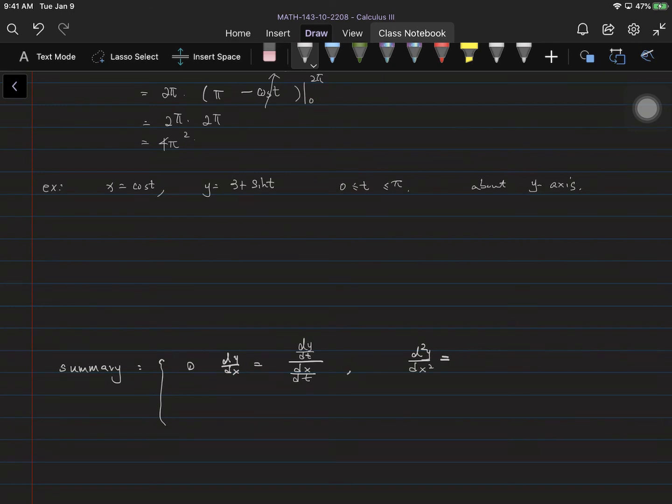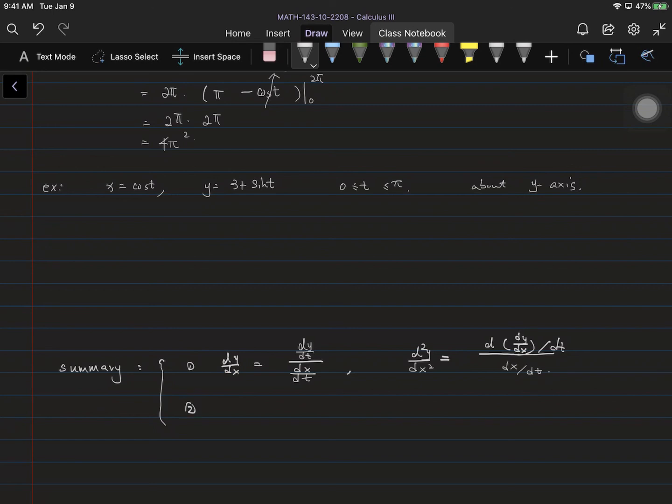Be careful, it's not just the derivative of the first derivative. It's going to be the derivative of the first derivative, and then divide by another dx/dt.